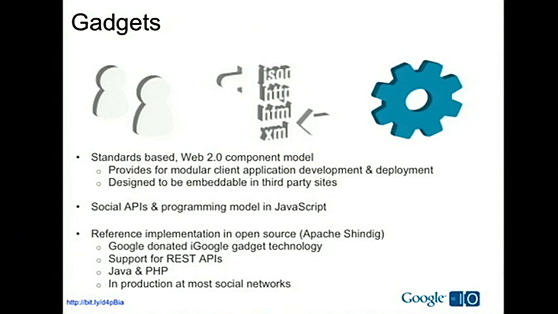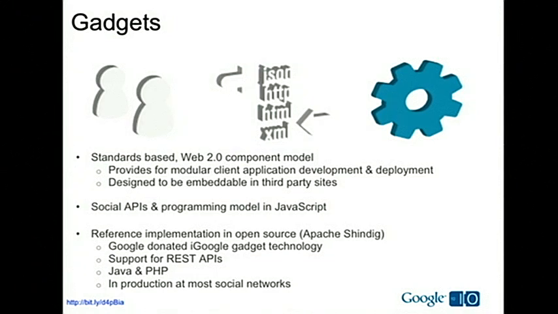But we can also take that same technology because there's an open source reference implementation. We can take that same technology and use that behind the firewall to build really interesting apps and get that same modularization. And again, the JavaScript APIs for accessing that information, for accessing people, is available in JavaScript.